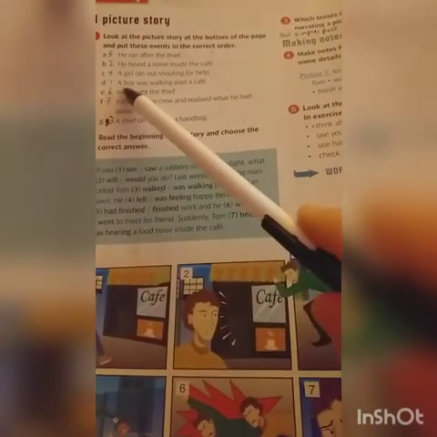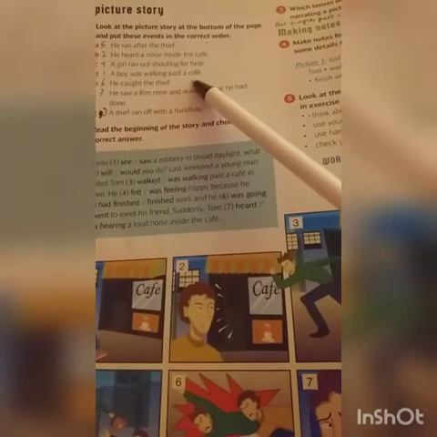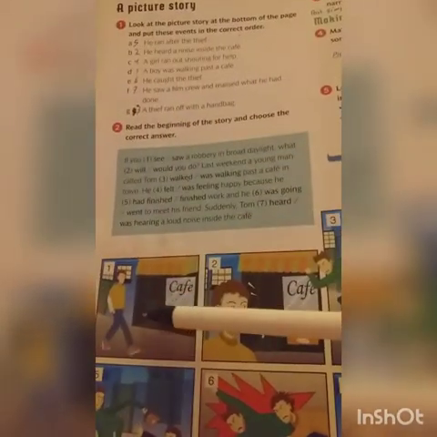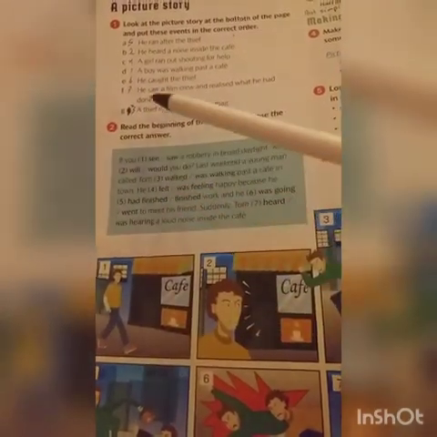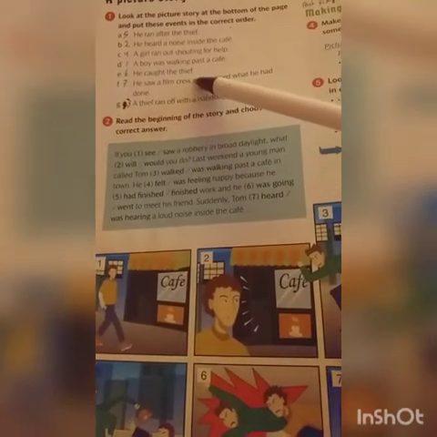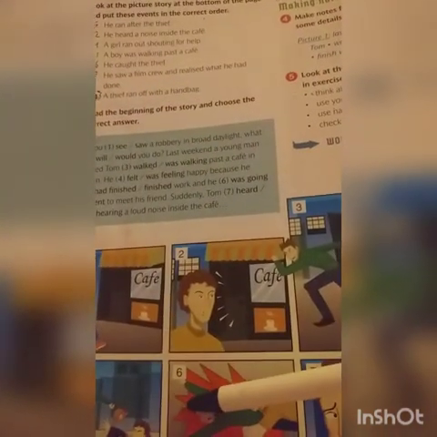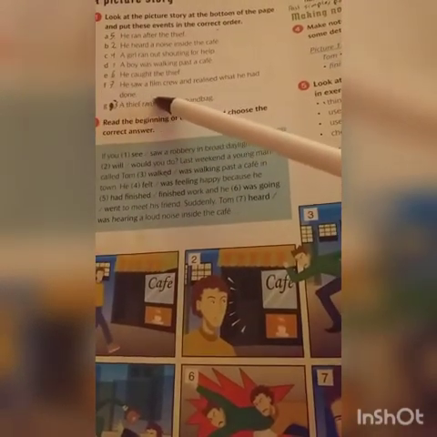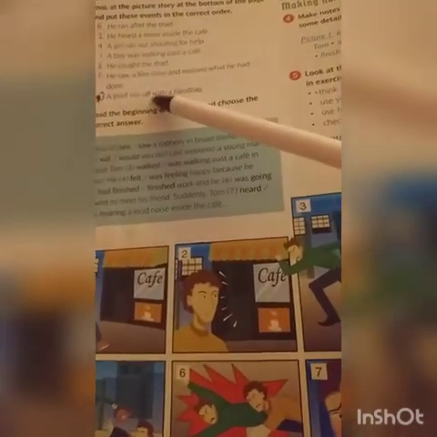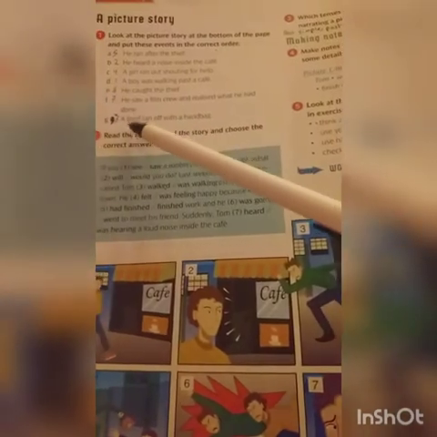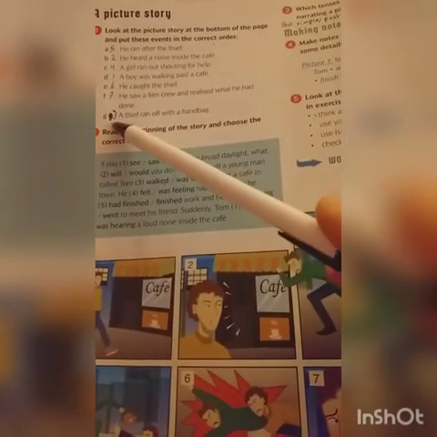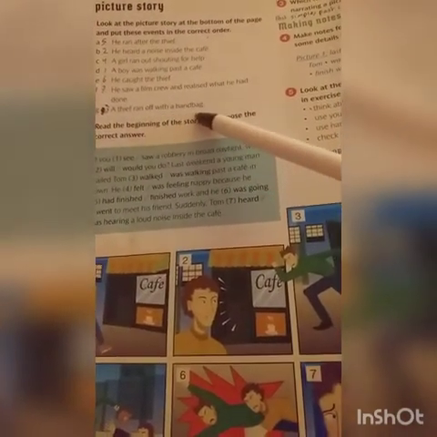D. A boy was walking past the cafe, and this is the first picture. E. He caught the thief, and this is picture number 6. F. He saw a film crew and realized what he had done, and this is picture number 7. G. A thief ran off with a handbag, and this is the third picture.